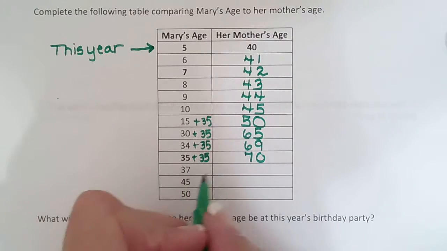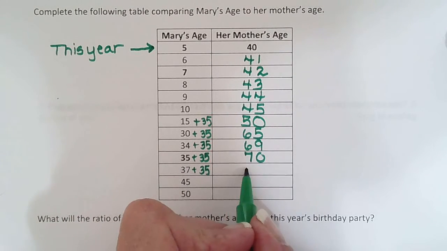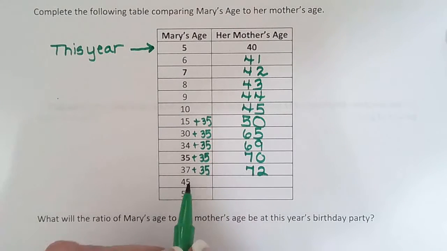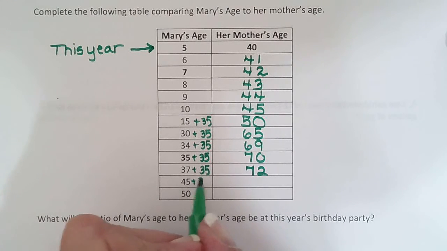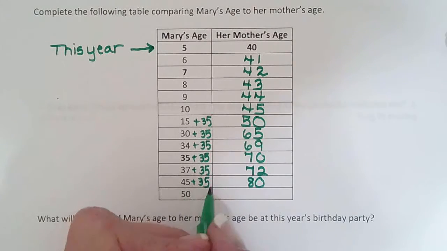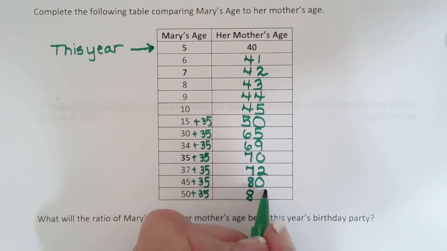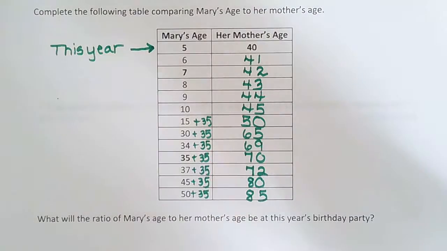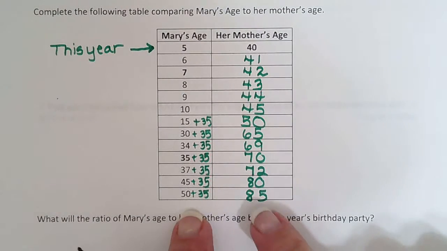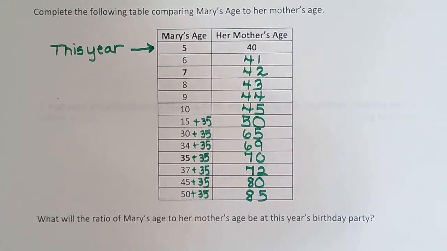Wow, random numbers here. 37 plus 35 will be 72. 45 plus 35 will be 80. And 50 plus 35 will be 85. So there are their ages. Every time you have Mary's age, you just add 35 to get to her mom's age.